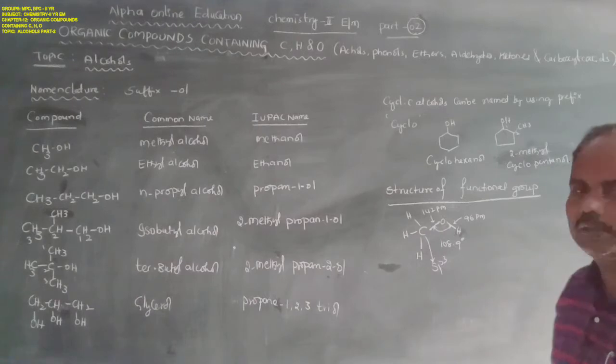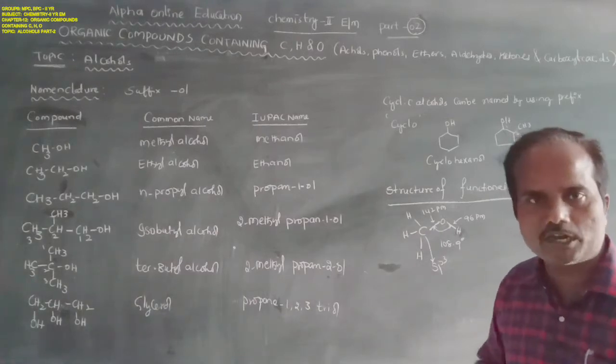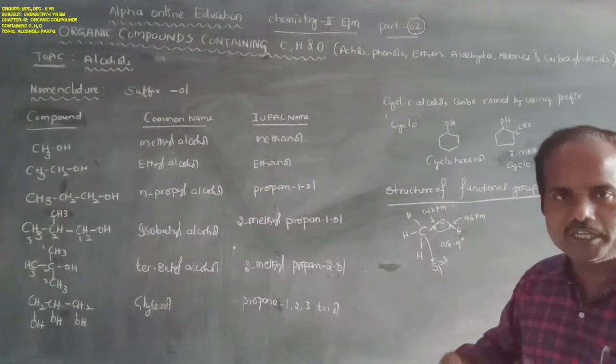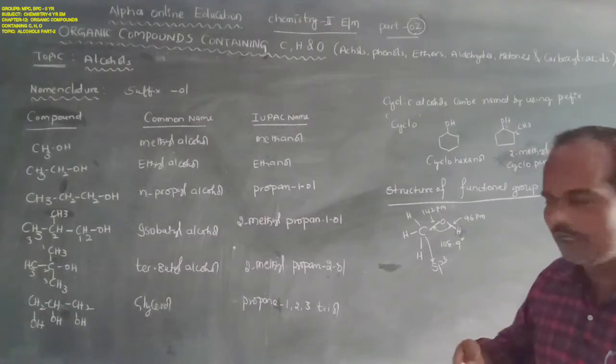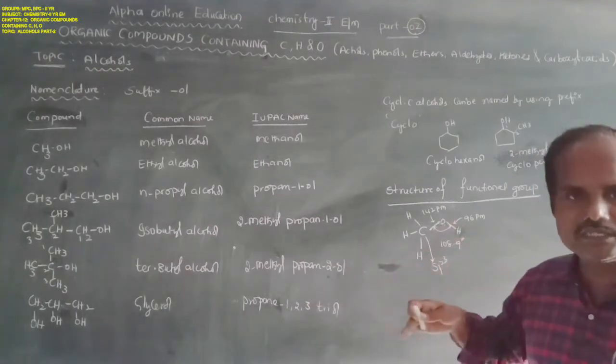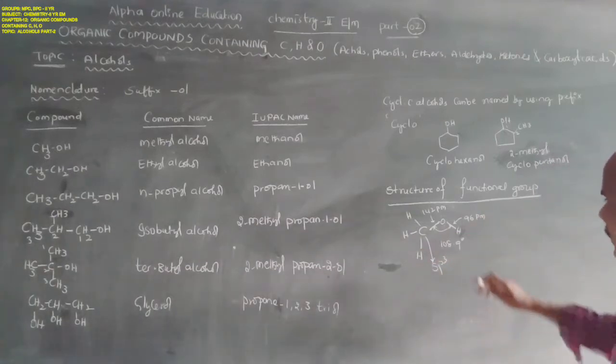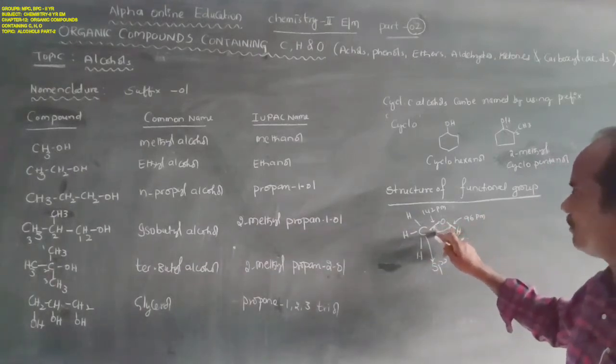This sigma bond is formed by the overlapping of the sp3 hybridized orbital of carbon with the sp3 hybridized orbital of oxygen.